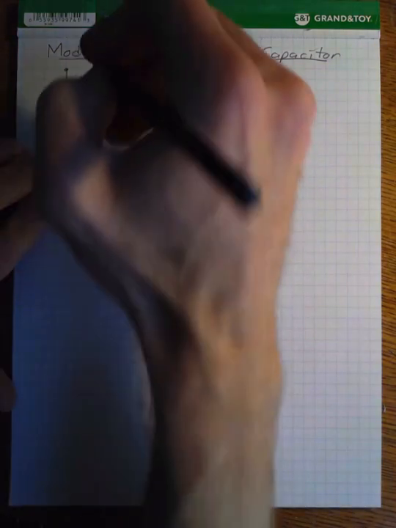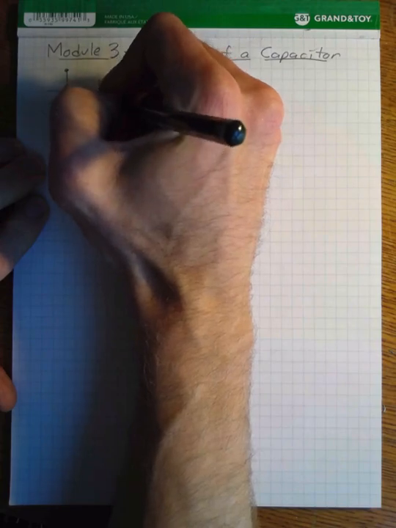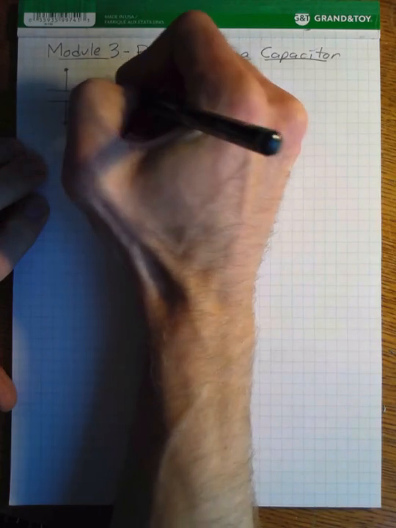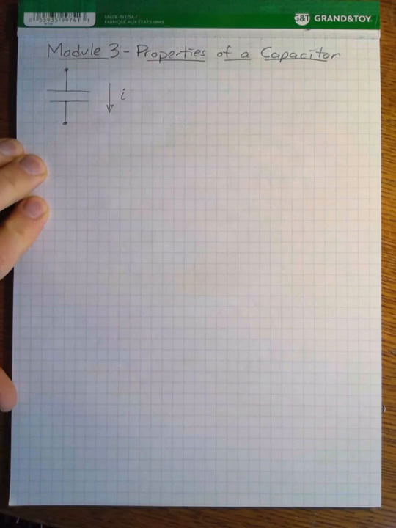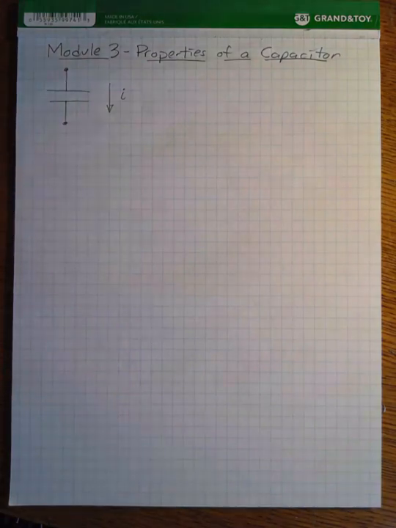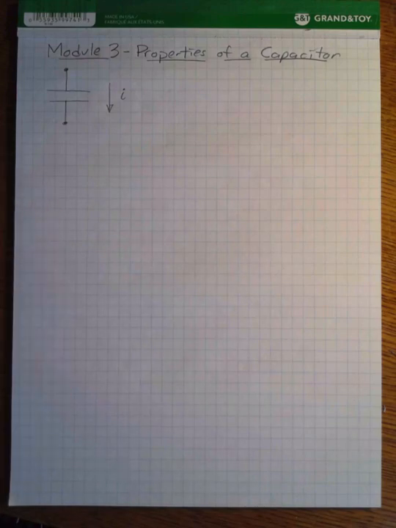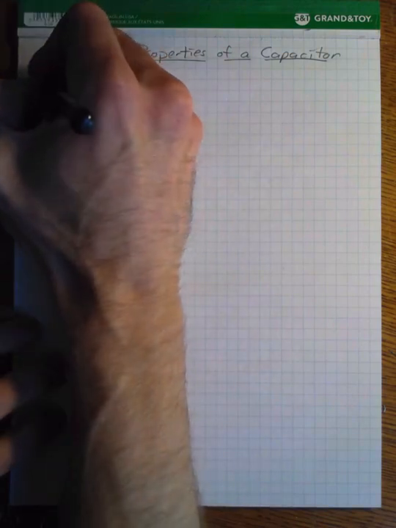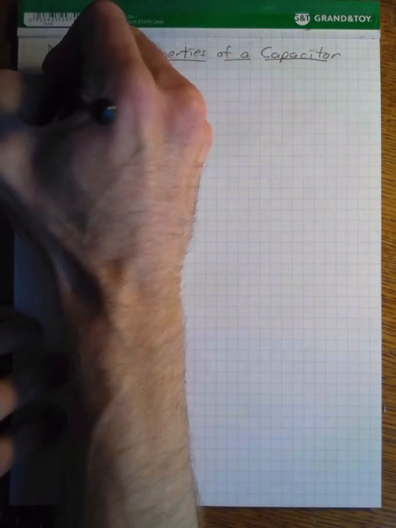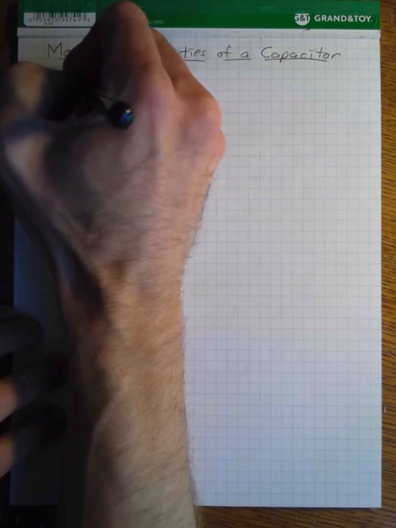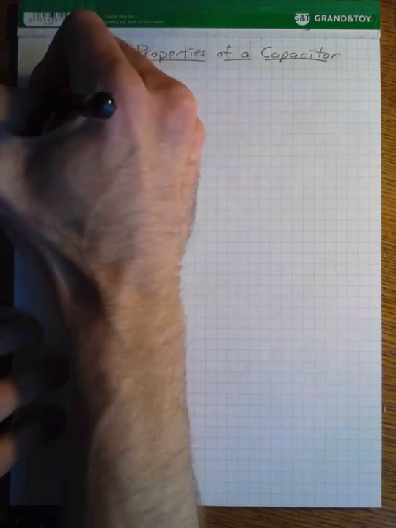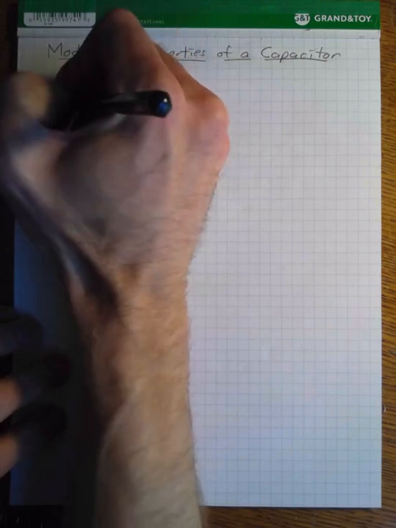Now, as current flows through the capacitor, remember, current is the flow of positively charged particles. As current flows from top to bottom through our capacitor, we have an accumulation of positive charge on the top plate and negative charge on the bottom plate.